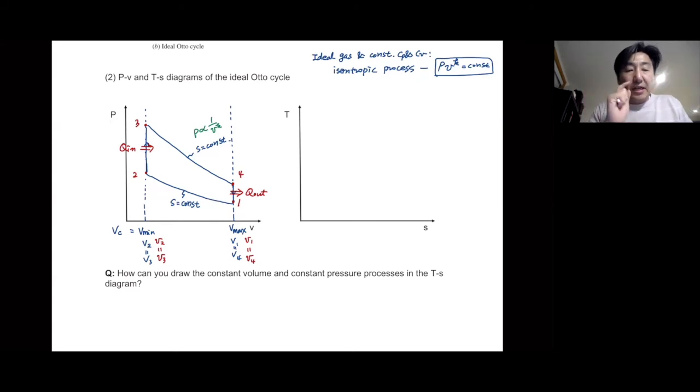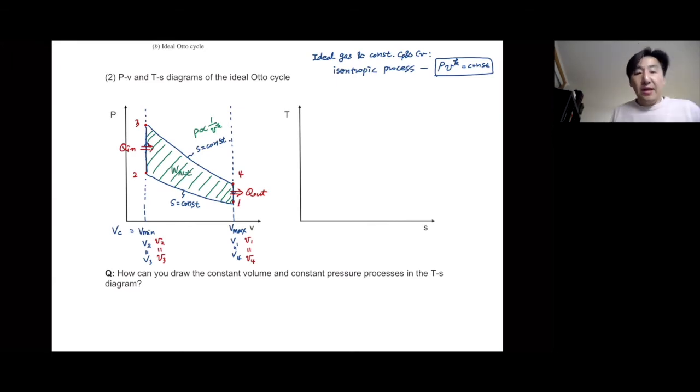the first thing is, how can you draw graphically the net amount of work that can be done by this Otto cycle? The answer is that the area surrounded by these four processes is your net work.